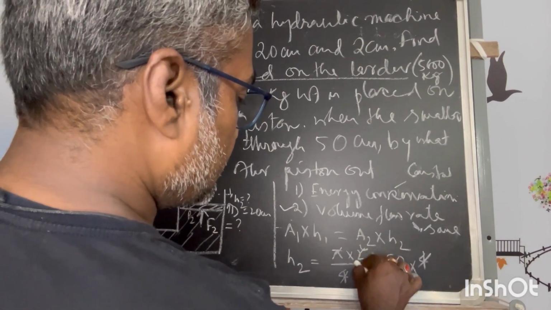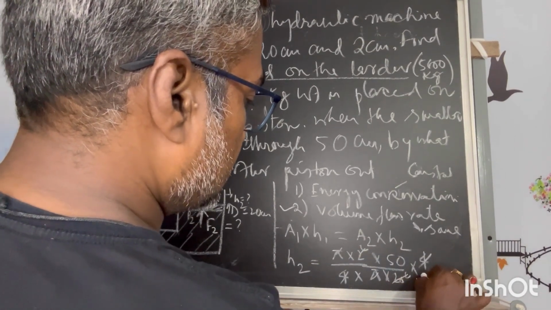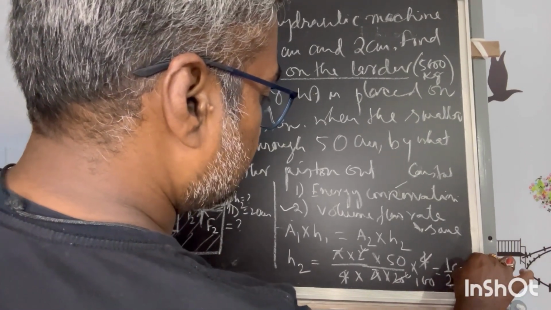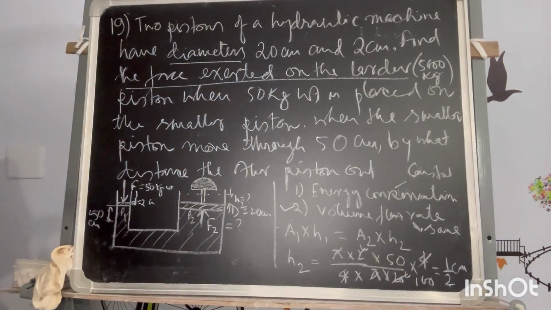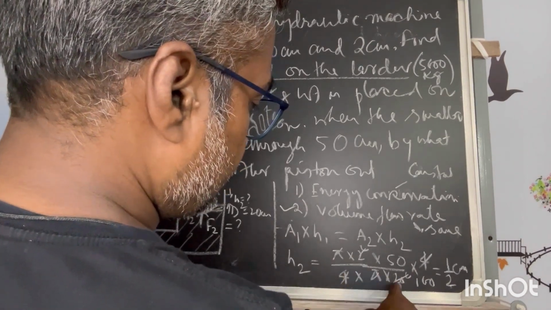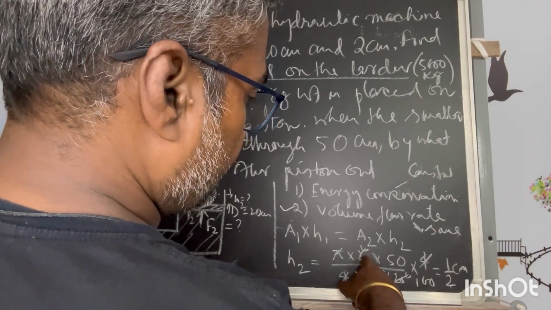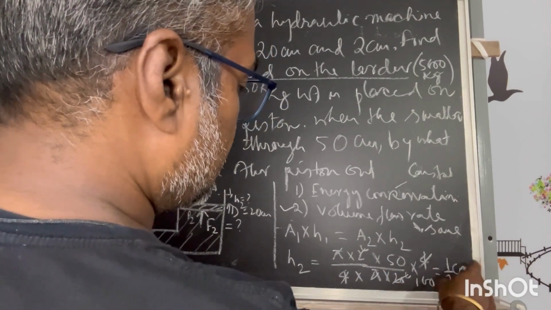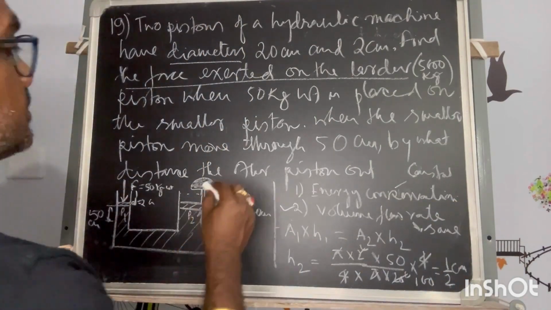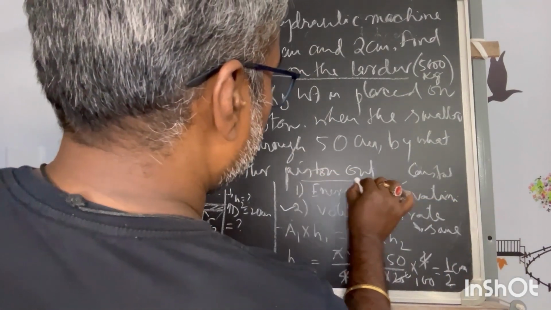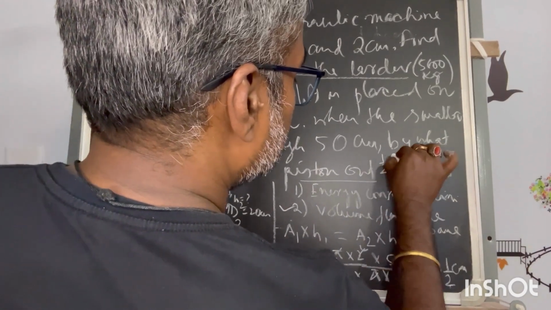So 2 square, 20 square is 100. So that means it is equal to half a centimeter. So 0.5 centimeter will move up, isn't it? This 2 square means it is 400. 4 will cancel out. 50 by 100 is equal to half. So the second answer, by what distance the other piston will move, is half a centimeter.